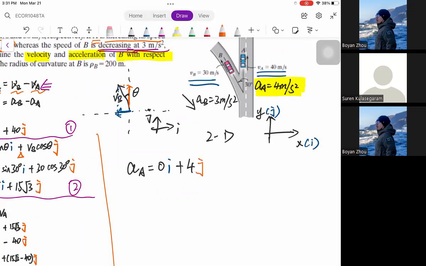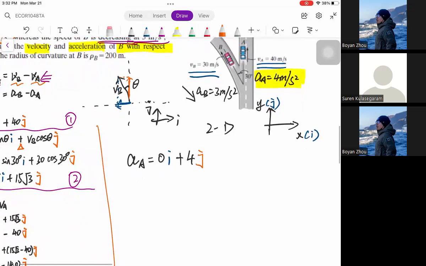So that is the acceleration for vehicle A. But the acceleration for vehicle B is gonna be a little complicated since vehicle B is decelerating, so it has a tangential acceleration, and also it's moving on a curve, like moving on a circle. So we have another normal acceleration. So the acceleration of B actually has two components. One is the acceleration in the tangential component, another is the acceleration in the normal component.